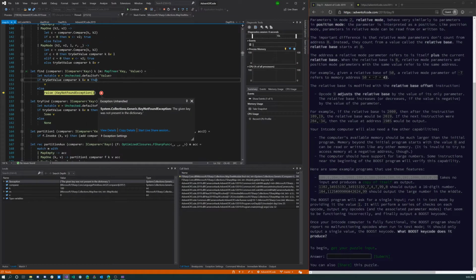What's it trying to find? It's trying to find key 100, but what's my stack?